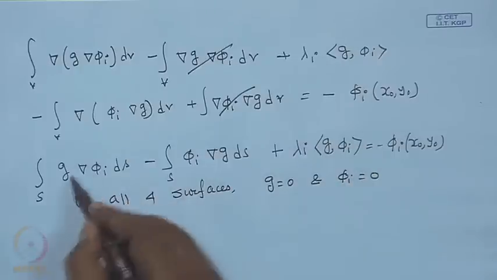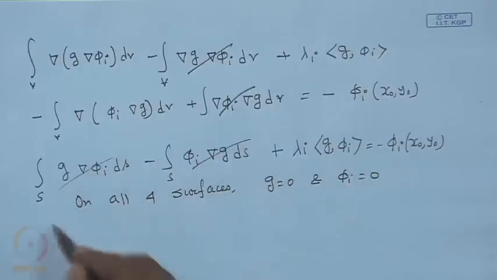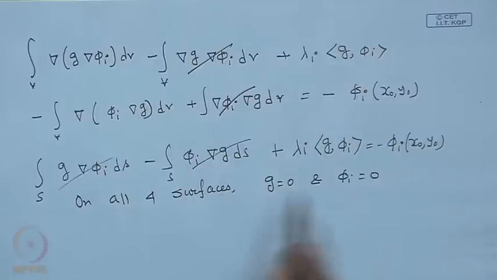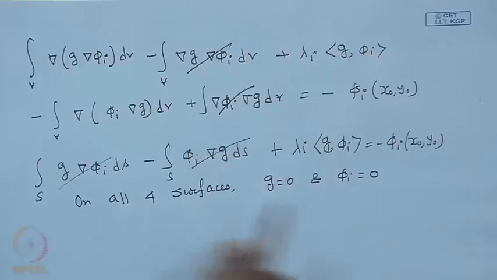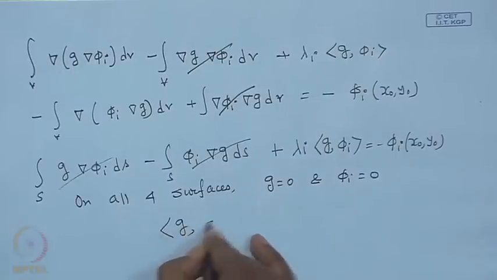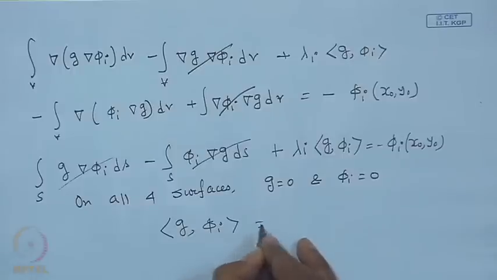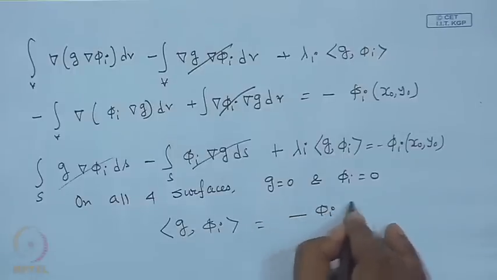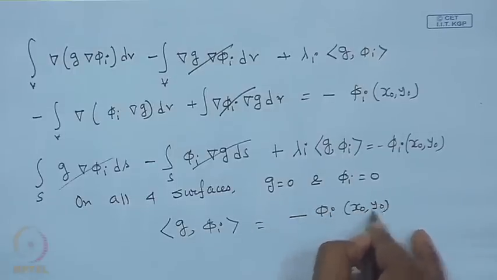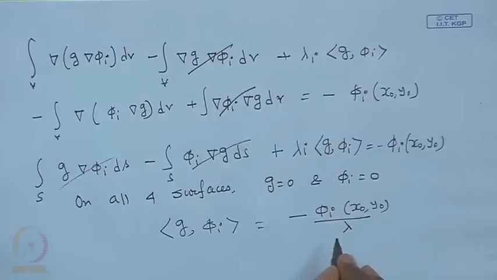Therefore, these two terms will vanish because the values of G and phi I on these surfaces are equal to 0. So, the inner product of G and phi I is nothing but minus phi I x naught y naught divided by lambda I.